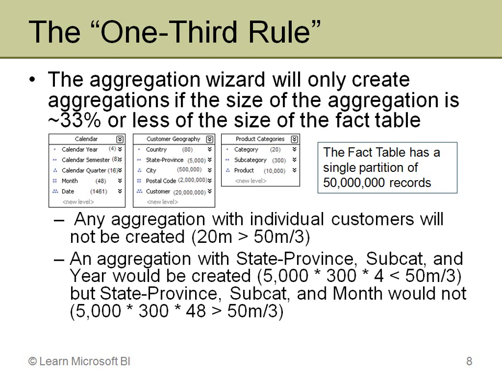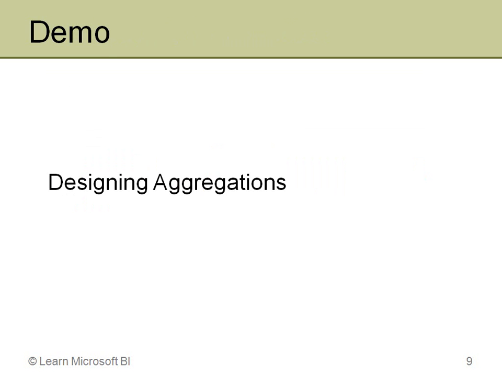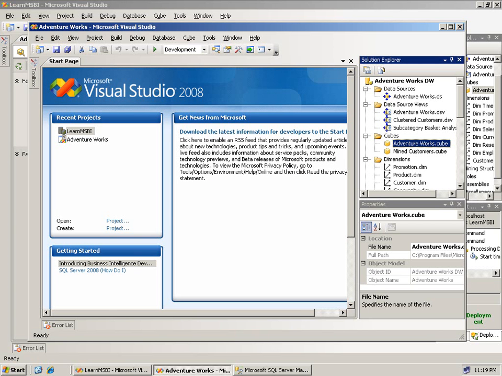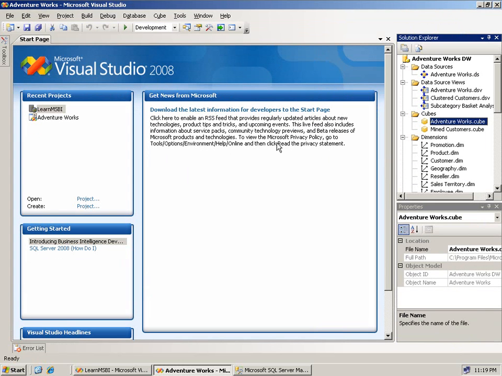So let's take a look at what the aggregation wizard in 2008 actually looks like. So here I am in BI Dev Studio 2008, and I actually have opened the AdventureWorks sample database from Microsoft just because it's more complex and has more pieces to it.